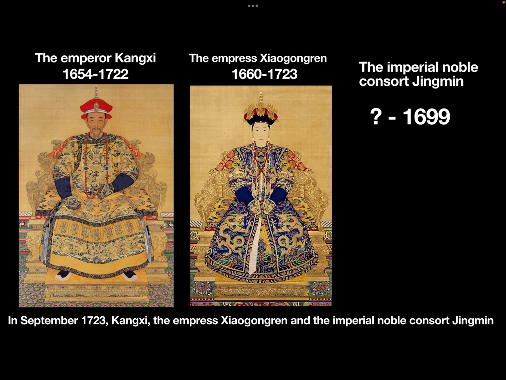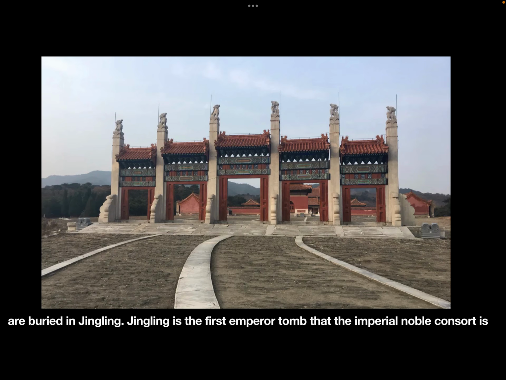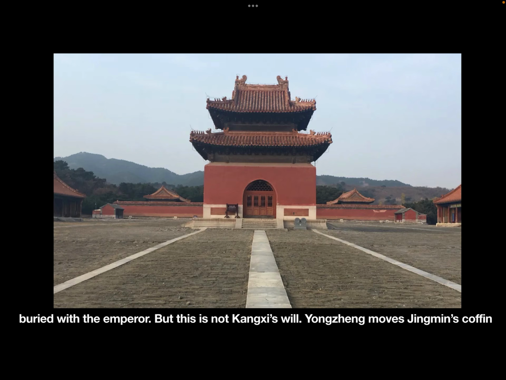In September 1723, Kangxi, the Empress Xiao Gongren, and the imperial noble consort Jingmin were buried in Jingling. Jingling is the first emperor's tomb where an imperial noble consort is buried with the emperor.